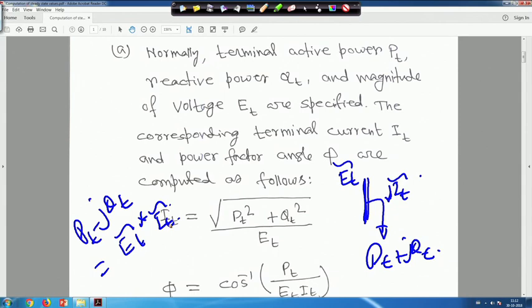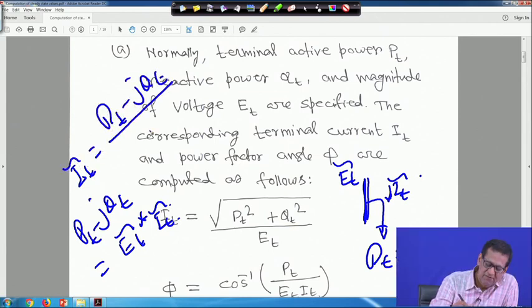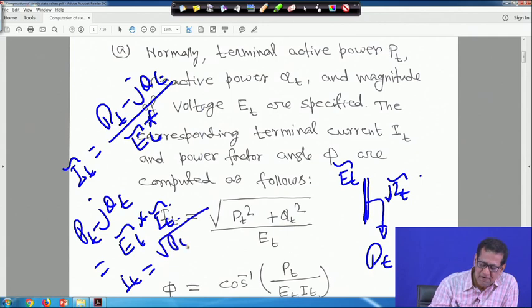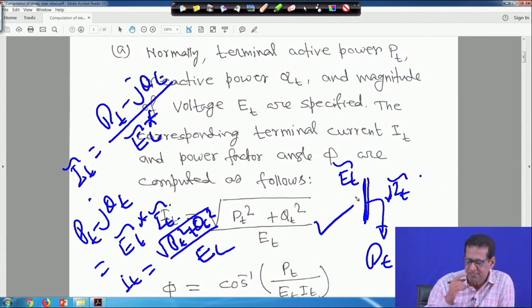So IT is equal to Pt minus jQt divided by Et tilde conjugate, right? If you take the magnitude of this IT, then IT is equal to root over Pt square plus Qt square divided by Et, that is what has been written here.